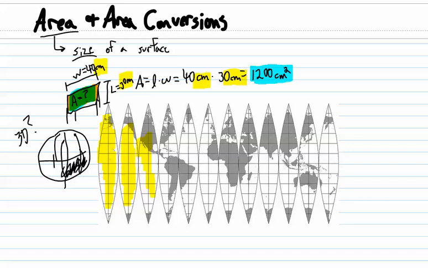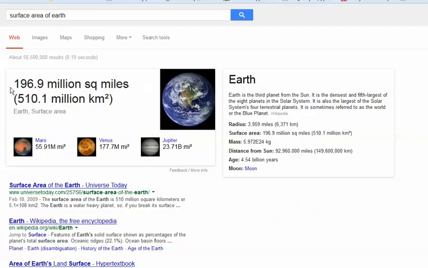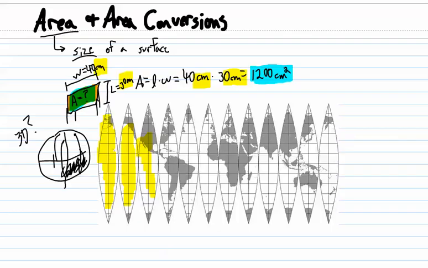The surface area of the Earth is 196.9 million square miles, or miles squared. Or metrically, the surface area of the Earth is 510.1 million kilometers squared. So it's a pretty big object. You can find areas of weird shaped objects too.